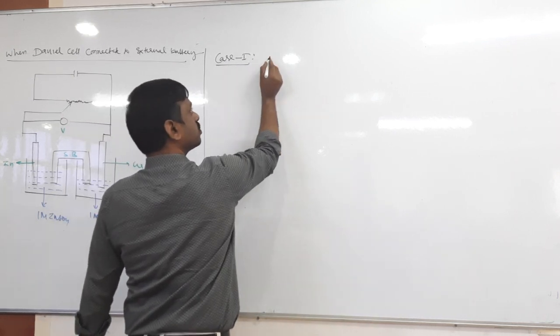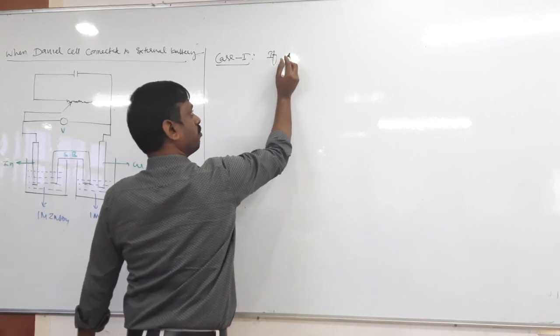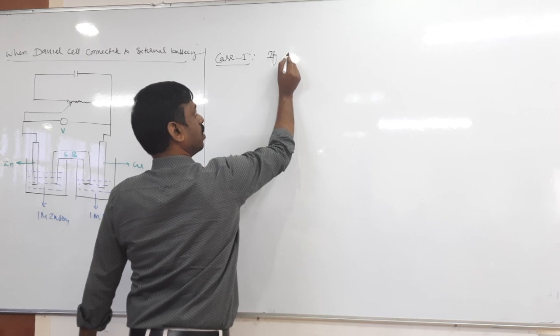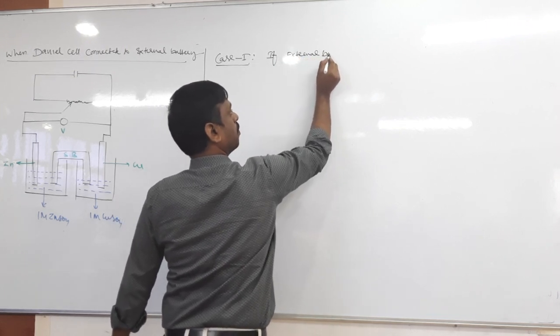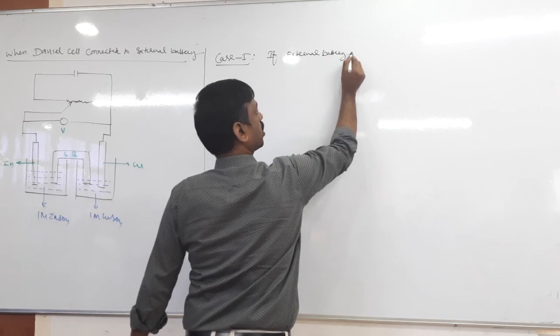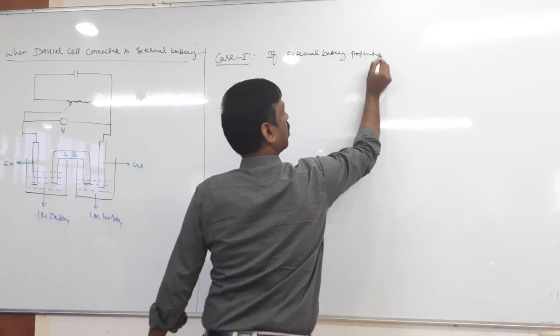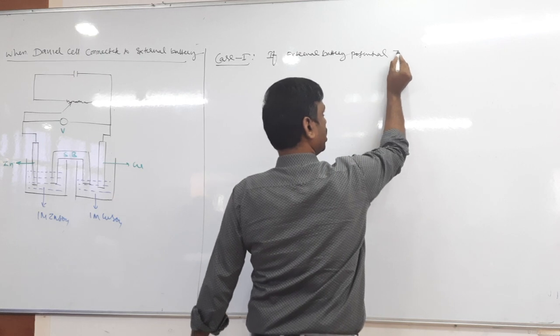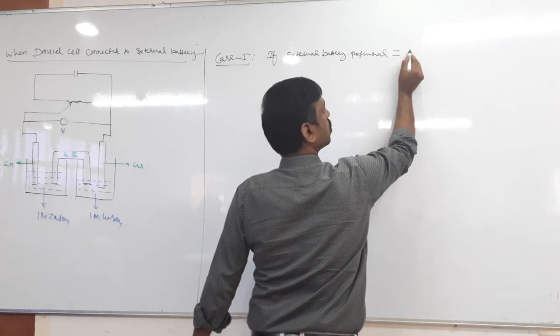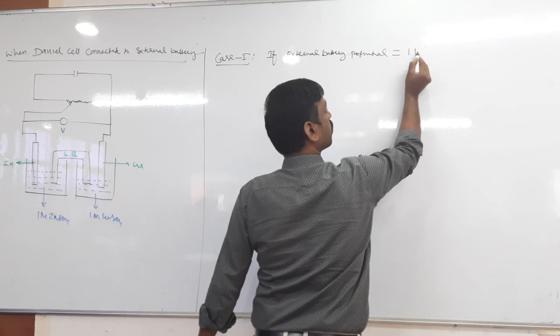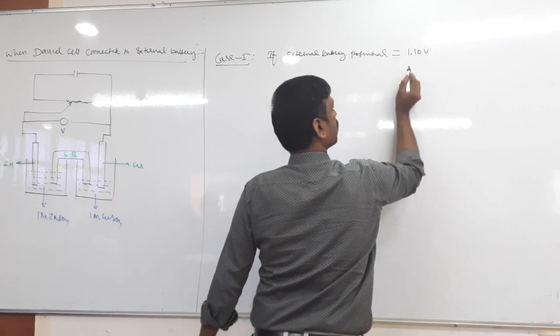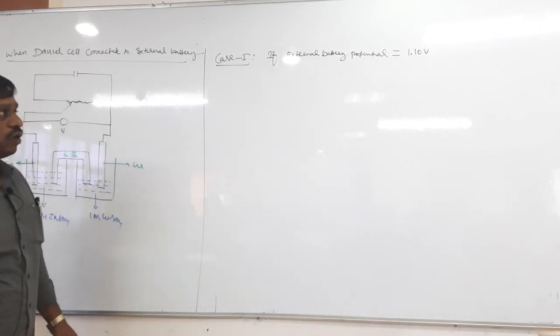Case 1, if the external battery potential is equal to Daniell cell potential. What is the Daniell cell potential? 1.10 volt.